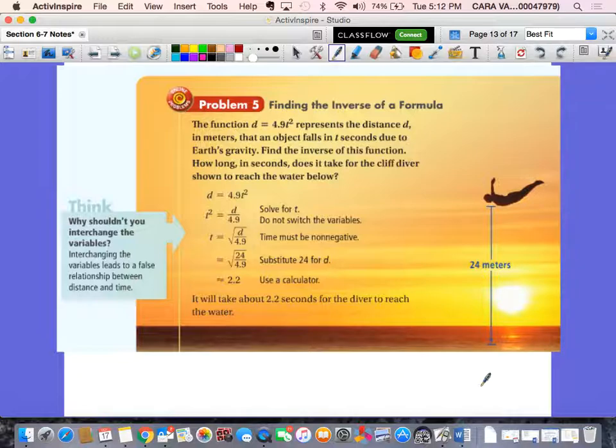You're going to first divide by 4.9, and then you're going to take the square root. The reason you don't have to have plus or minus here is because time will not be negative. Okay? You would only want to consider the positive solution here. And where did they get that 24 from? The cliff diver was jumping 24 meters, so that's what you plug in for d and you solve.